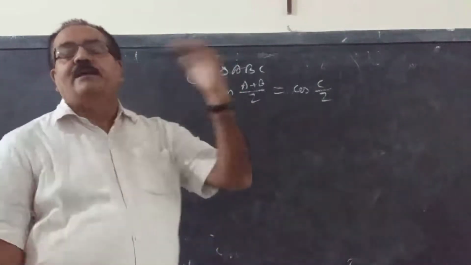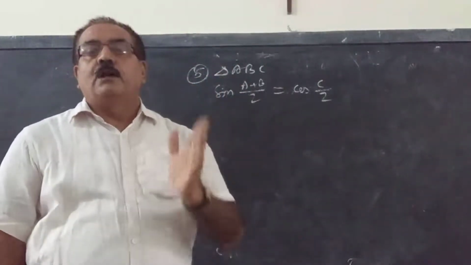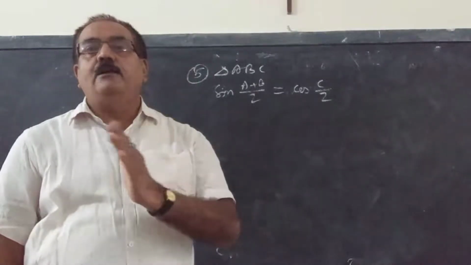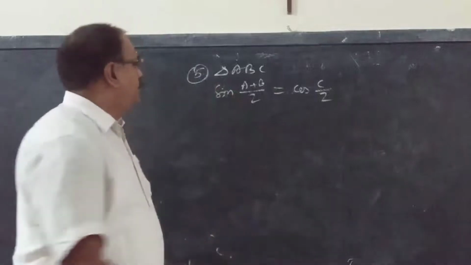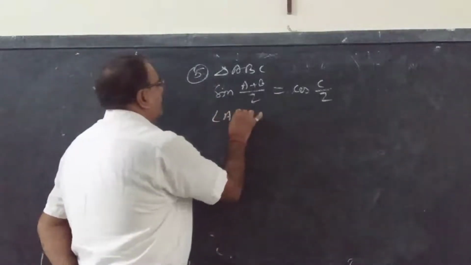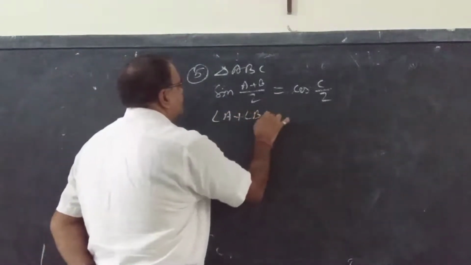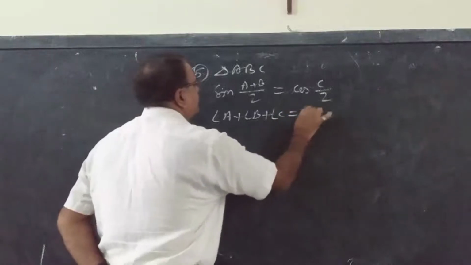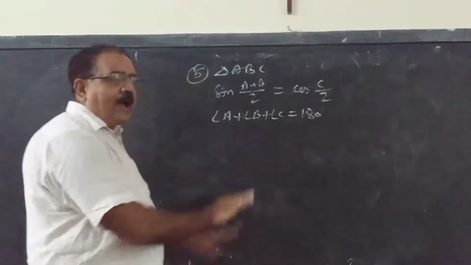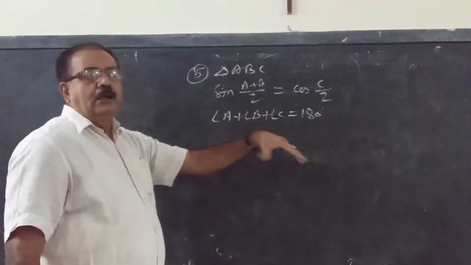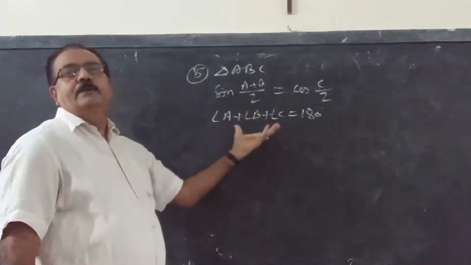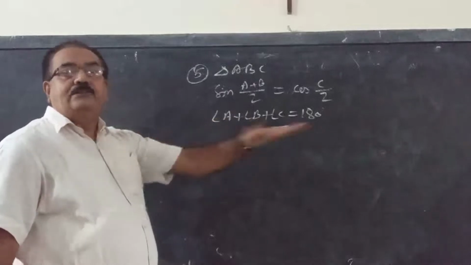Since it is given triangle ABC, you know the sum of the angles of a triangle is equal to 180. So we can write angle A plus angle B plus angle C is 180 degree. Divide both sides by 2, because here A by 2, B by 2 and C by 2 are there.